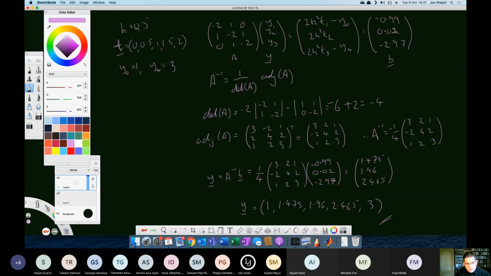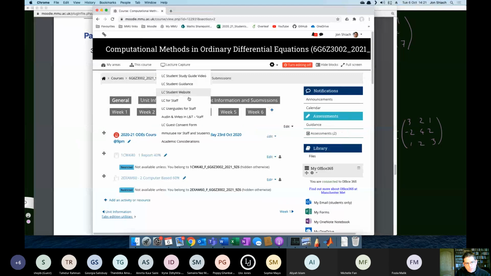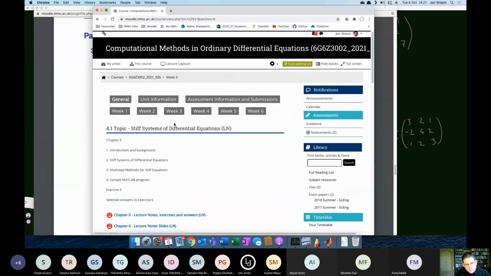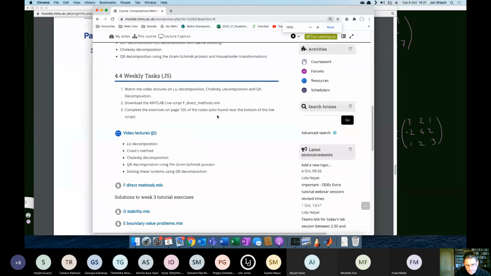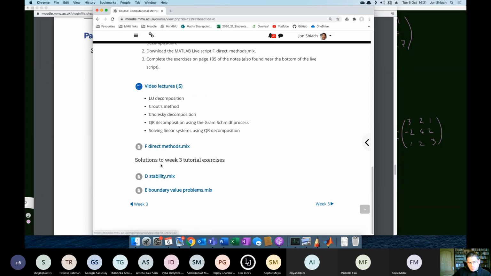Okay, if I just put Moodle back on, in week 4 of Moodle, if you scroll down to my part, I'll zoom in a little bit for you. I've actually got the solutions to the week 3 tutorial exercises, that's boundary value problems.mlx.